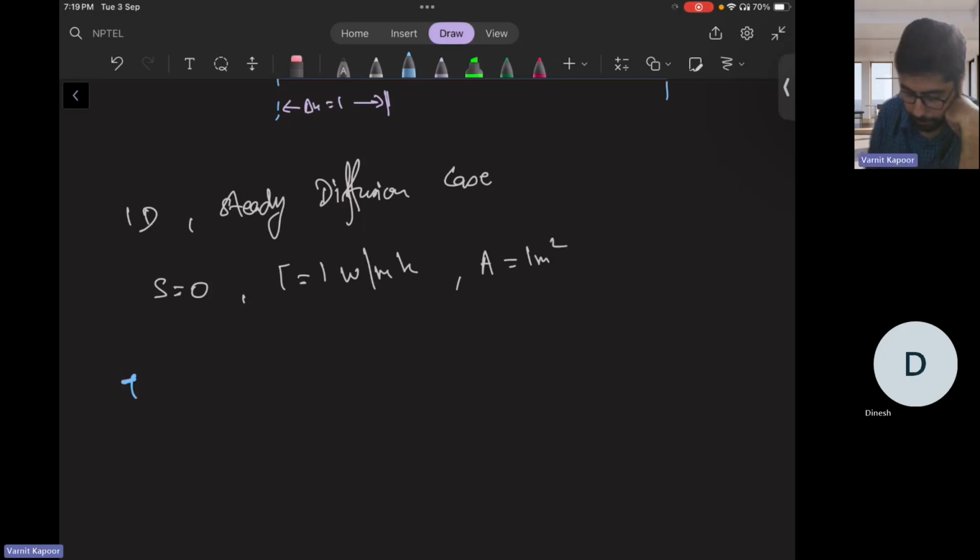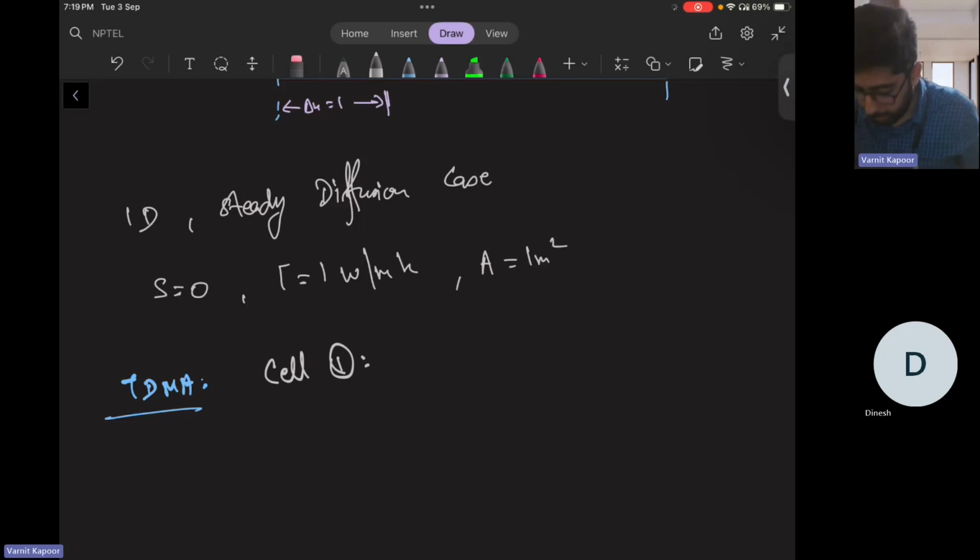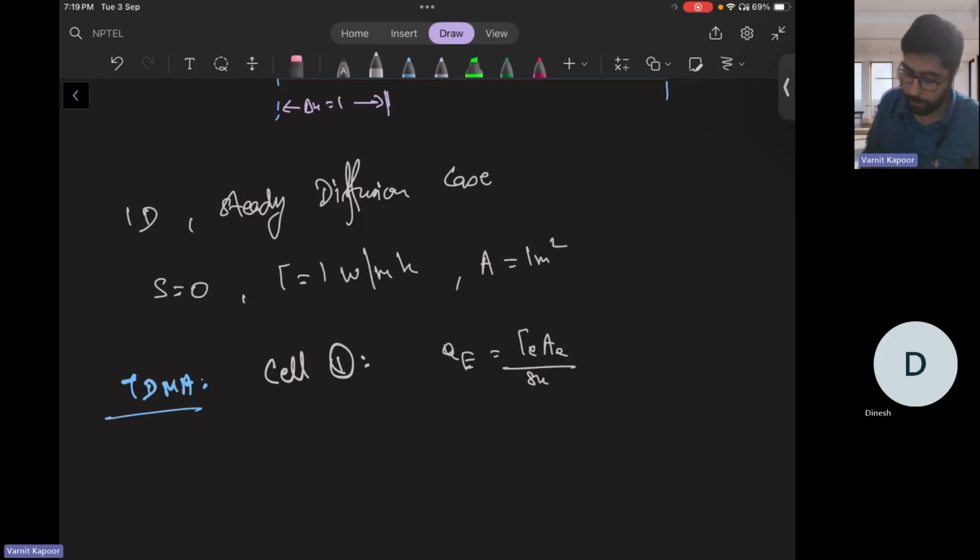Using TDMA. So for cell 1, A east is nothing but gamma E A E over del X E. So gamma is 1, A is 1, del X E is 1.